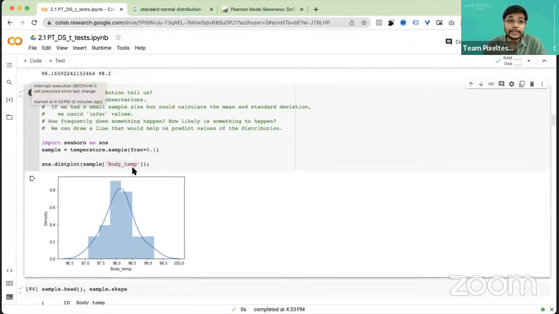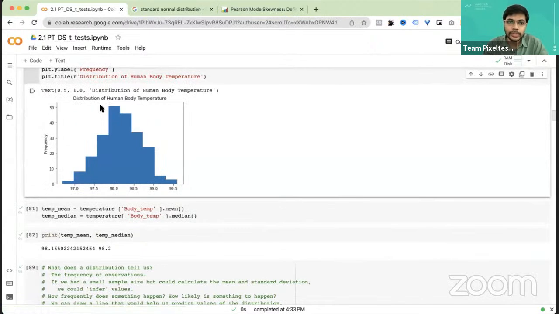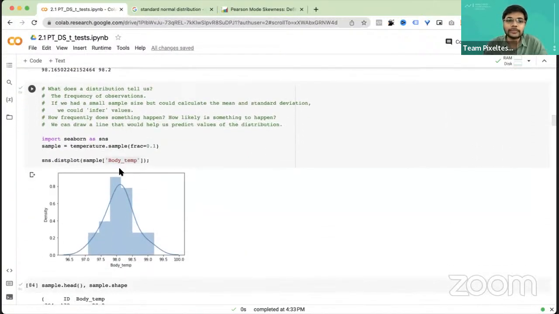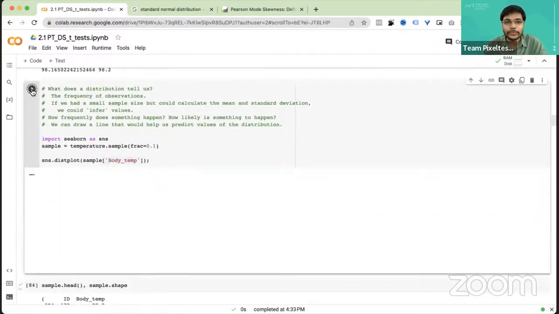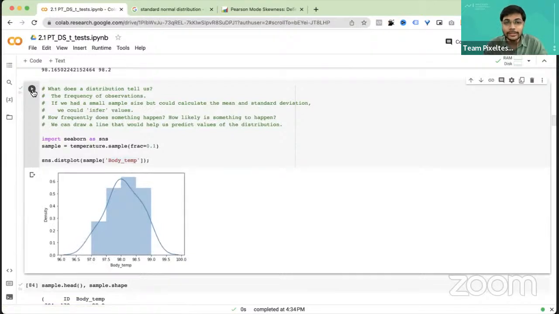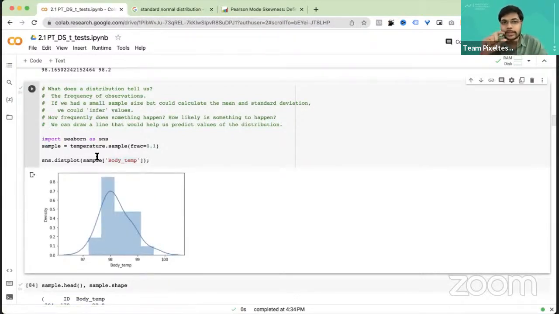You can consider it like this. For example, if you're doing an election campaign survey, if it is the whole data set, this is how the distribution is. This could be, let's say, one district, this could be another one, this could be another one, right? So this is what is happening. Every time we're generating a fraction of it and running a dist plot over that, right?